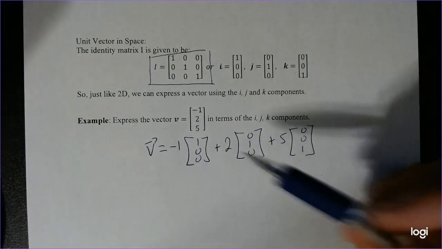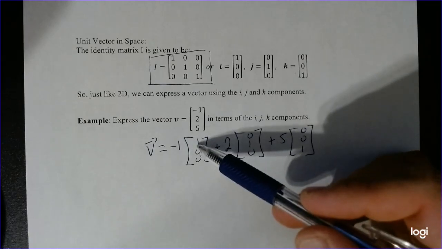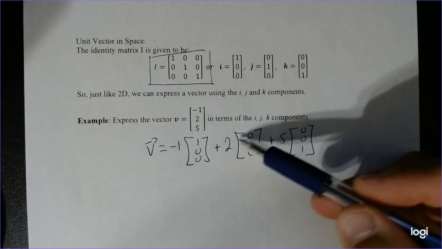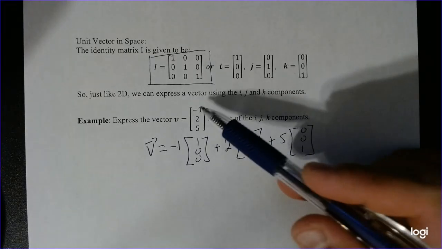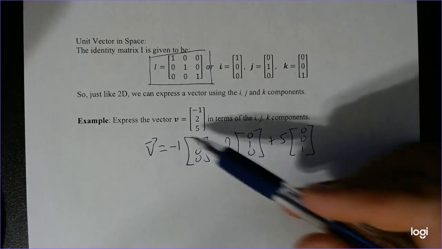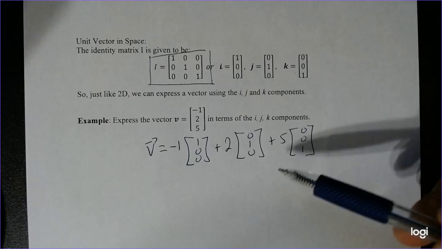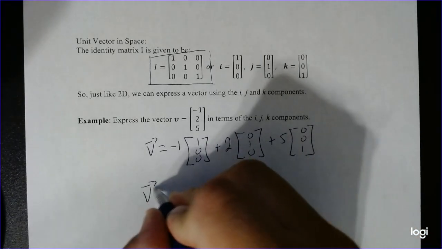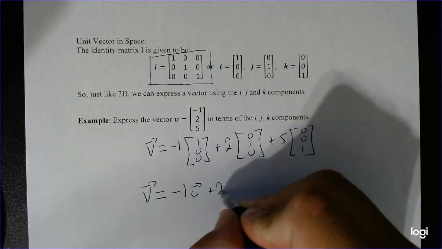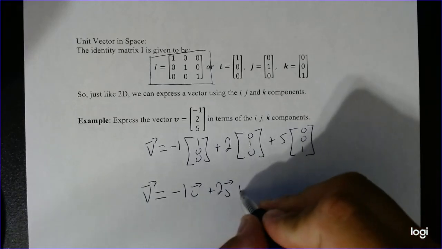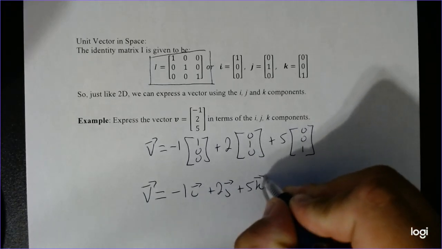Right. So it makes sense because this times this gives you negative 1 plus 0, because 2 times 0 is 0, plus 5 times 0 is still 0. And then same thing for the middle one, same thing for the bottom one. Or the more proper way you see in multivariable, like that.